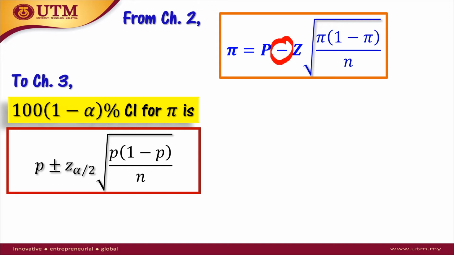The minus sign now is replaced by a plus and minus sign. The capital Z, which was previously a random variable, now changes to a small z, representing a value of z at alpha over 2.